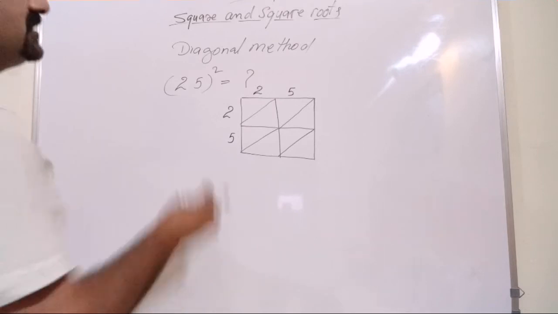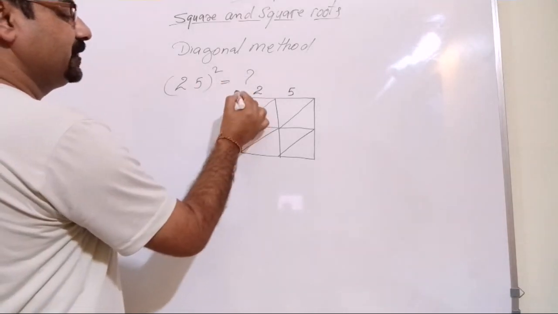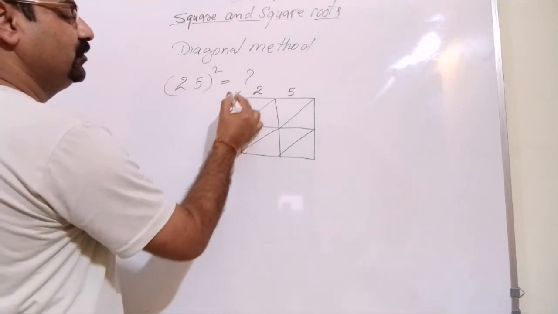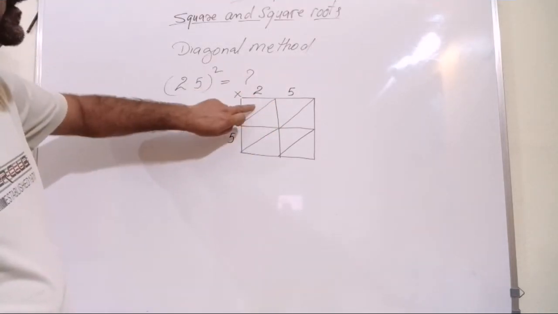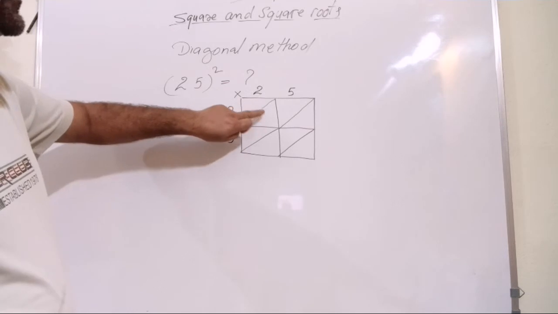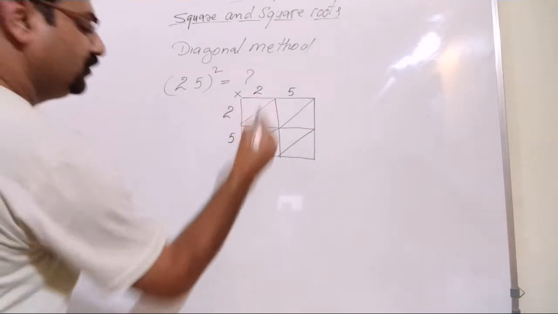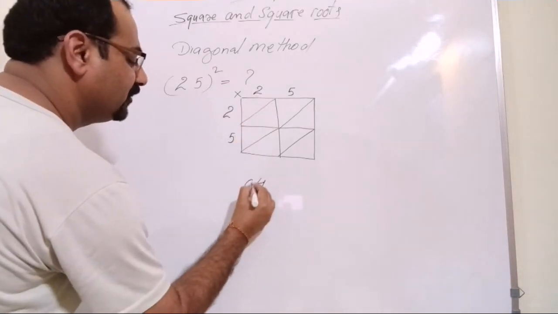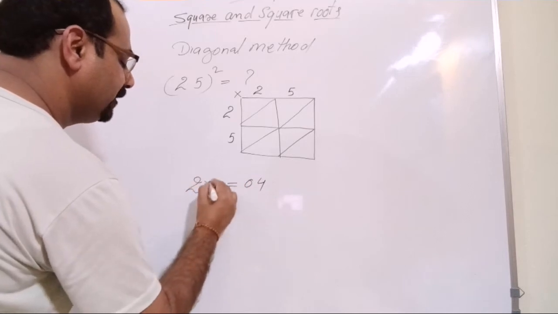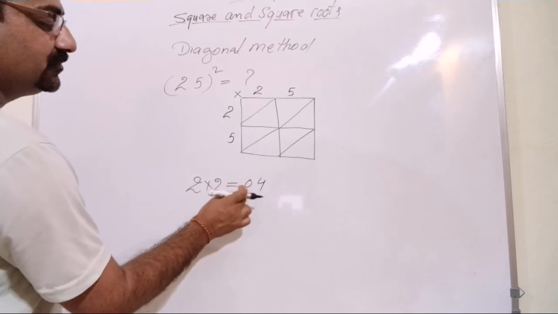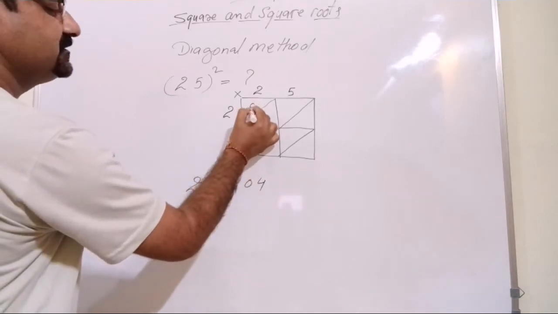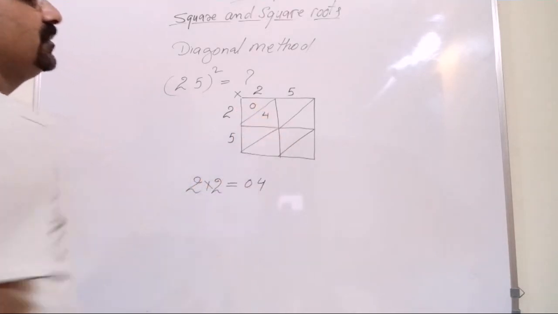Now this is a very important topic beta. We multiply 2 into 2, which is 4, and we write it as 0 and 4. So first box 0, second box 4.